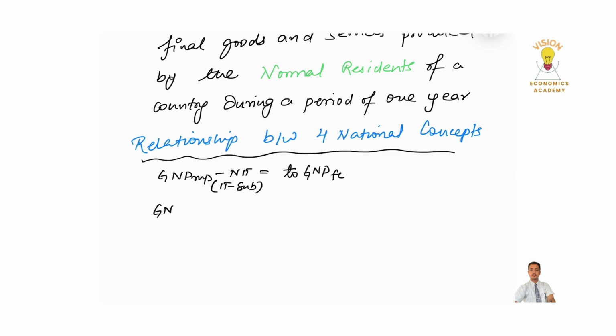Now GNP FC to NNP FC, gross minus depreciation will give you NNP FC. So previously we had NDP FC in the domestic concepts.